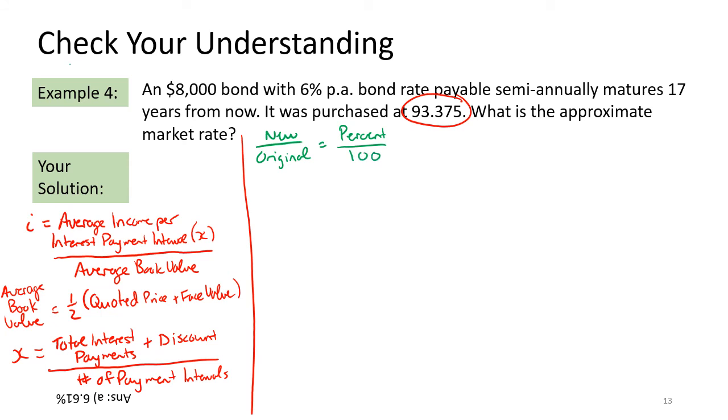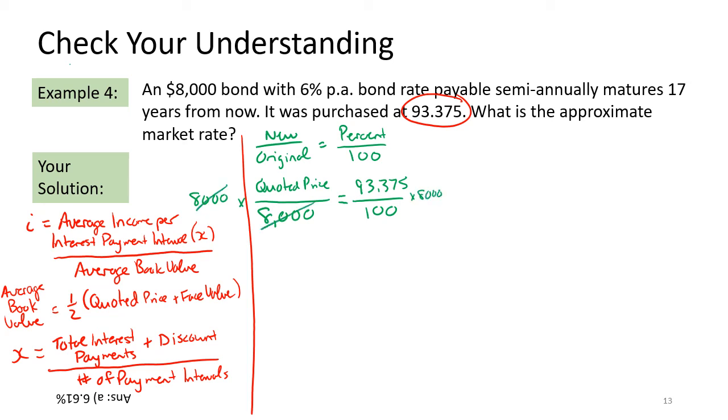In this case, our new number is our quoted price, divided by our original number, which is our face value, in this case $8,000. And that's equal to the percent, 93.375, divided by 100. To solve for the quoted price, I'm going to multiply both sides by 8,000.